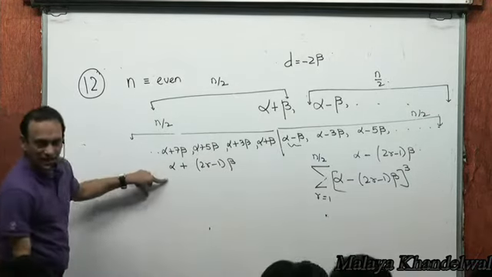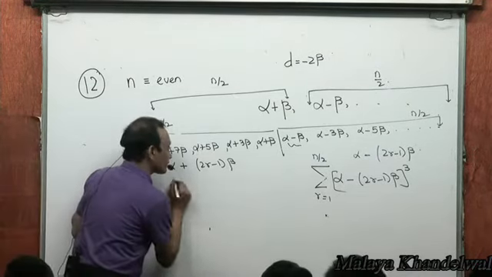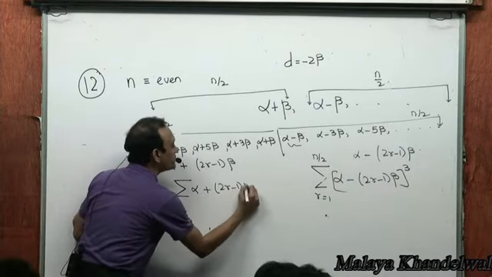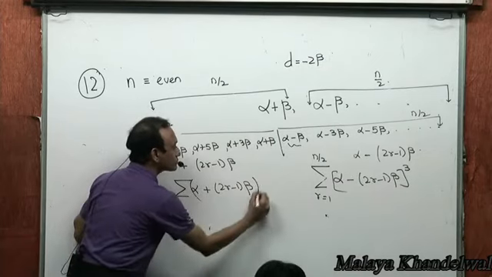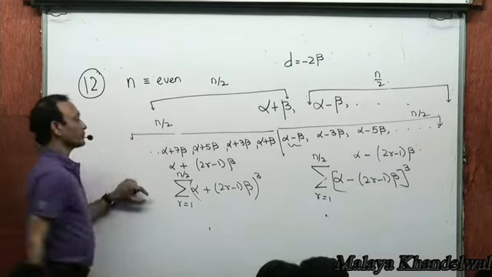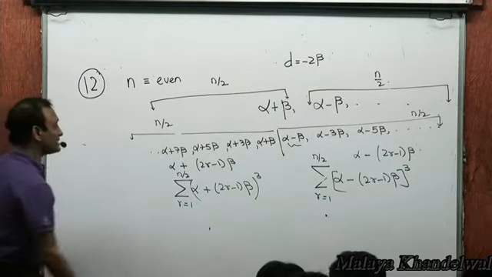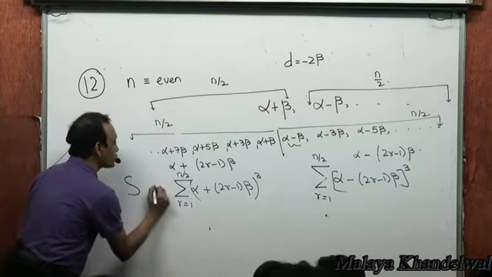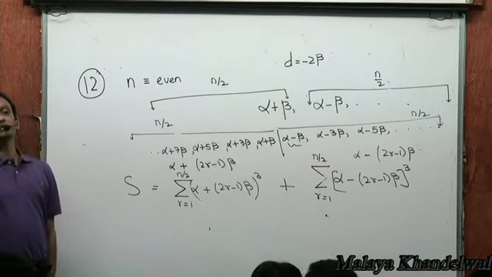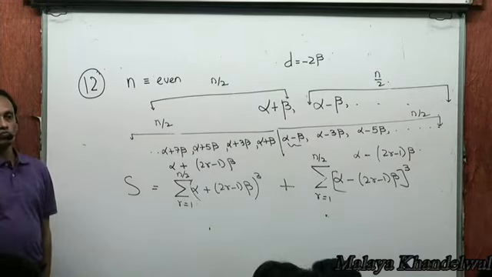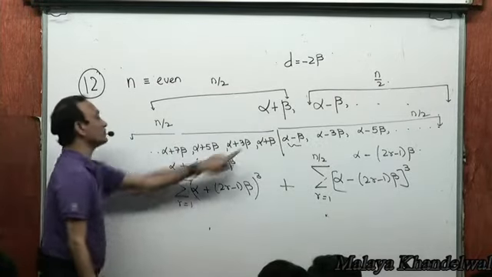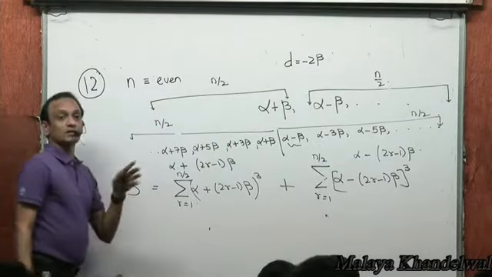The sum of the cubes of these numbers would be sigma of alpha plus (2r minus 1) beta cubed, where r runs from 1 to n by 2. Yes or no? And what we are seeking, the required sum, is going to be this plus this. This is sum of the cubes of the last n by 2 numbers. This is sum of the cubes of the first n by 2 numbers. Yes or no?